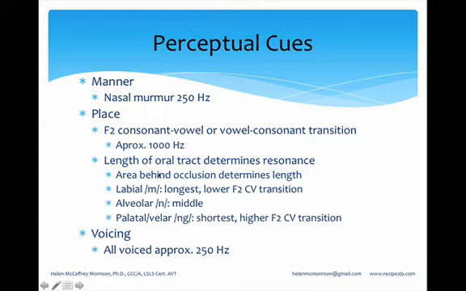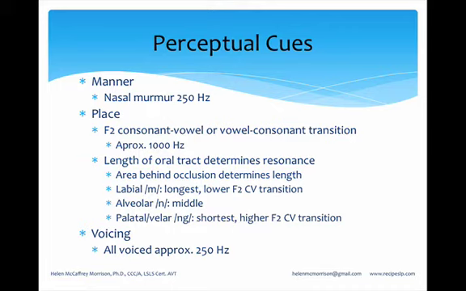The length of the oral tract determines the resonance. And I'm not giving you any specific numbers, but I want you to think about this principle. So I've got a situation where I've got sound coming through the nasal tract. And let's say I'm going to produce an M, and so the lips are closed.